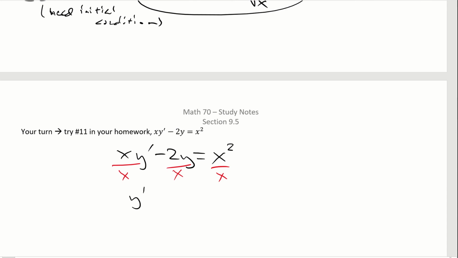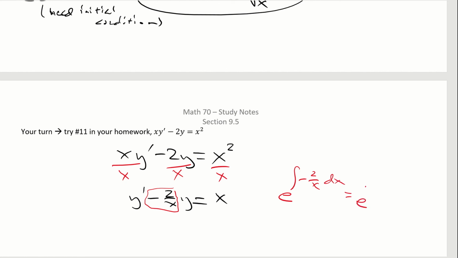So we have y prime minus 2 over x y is x. Okay, integrating factor, here we come. This guy, even the minus sign, all of it, you take e to the integral of minus 2 over x dx. Well, that's equal to e to the minus 2 integral 1 over x dx.